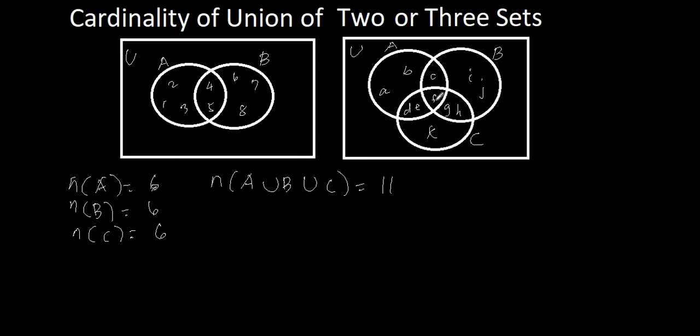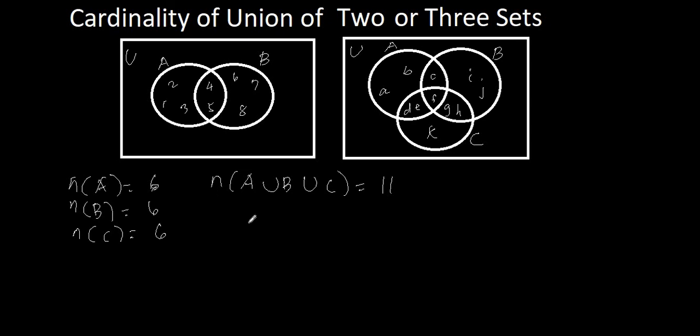This is because of the intersections. We need to subtract the cardinalities of the intersections so that we can arrive at 11. So how is this done?